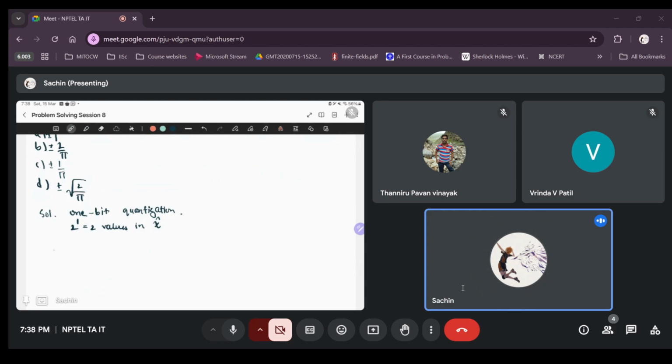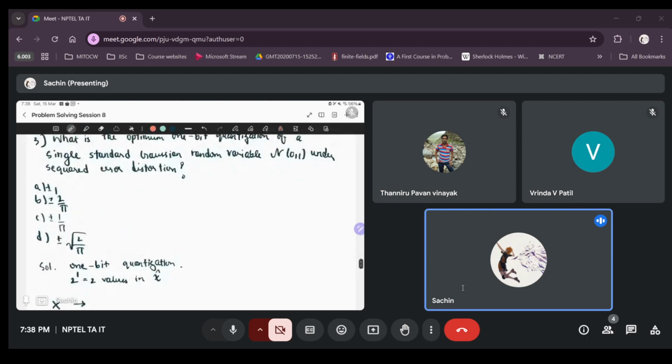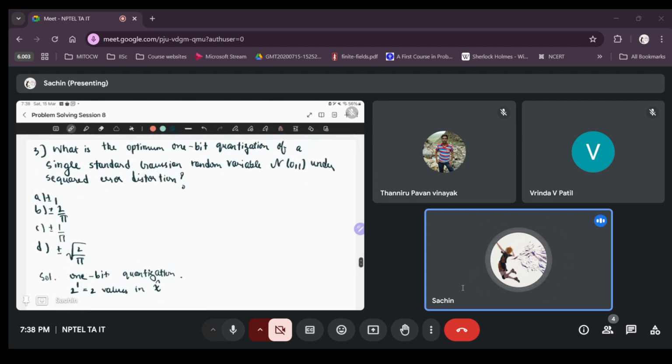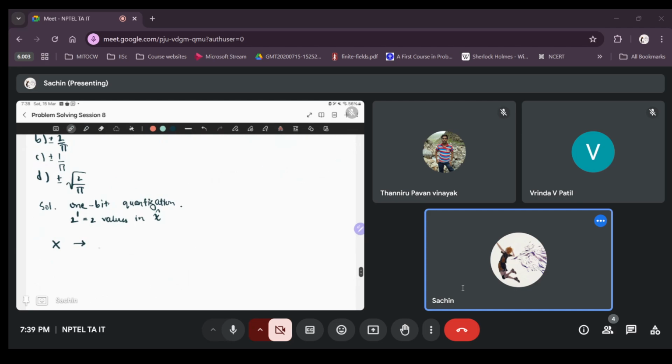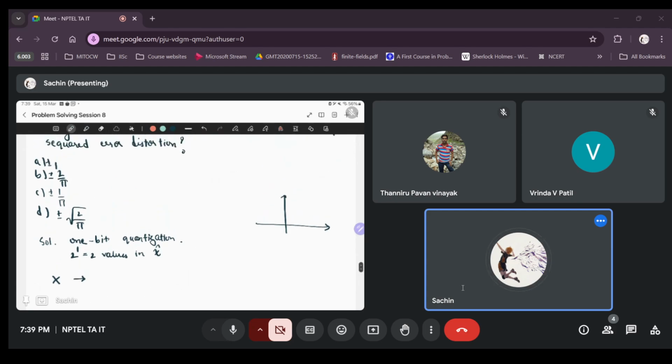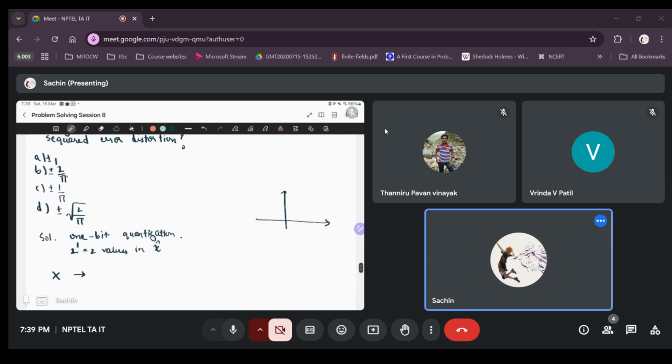So you have x, which is real valued since it's a Gaussian random variable, and there's a density function for this Gaussian random variable of x, something like this.